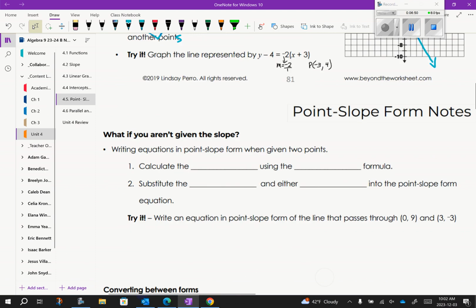Oh, wait, what happens if we're supposed to use point-slope form and they didn't give us the slope? Okay. This happens when we're given 2 points. First of all, we need to know the slope, regardless if it's point slope or slope intercept.